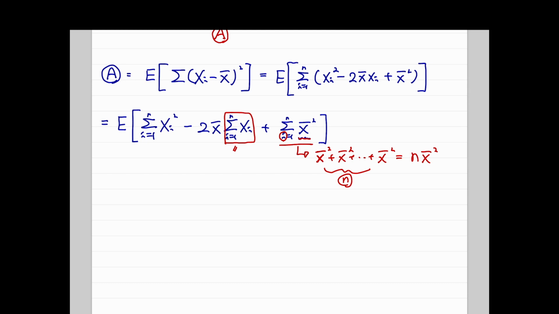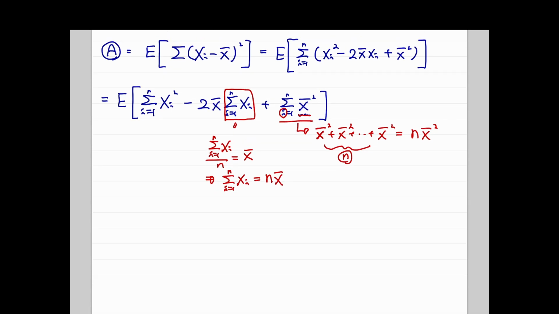Since the sample mean is called x bar, the summation of xi equals n multiply x bar.